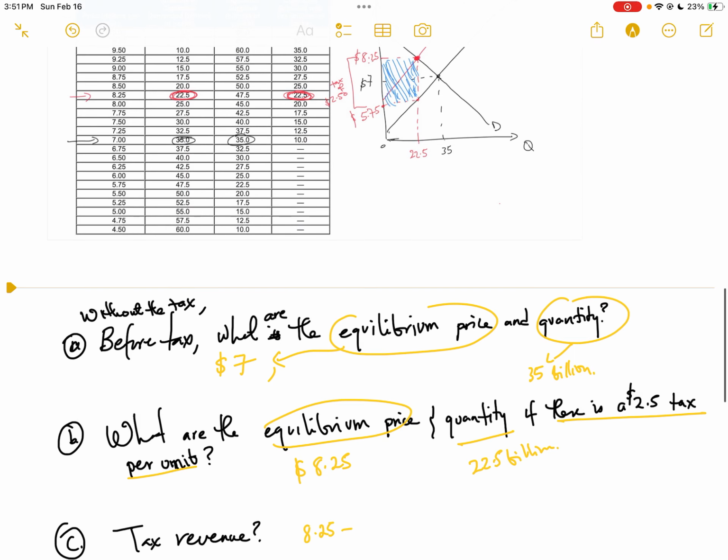That's one of the sides. Multiply that by 22.5 minus 0. And that should give you your answer. Okay, now I'll let you do that because we figured it out already. So I'll let you write that answer in there for yourself.